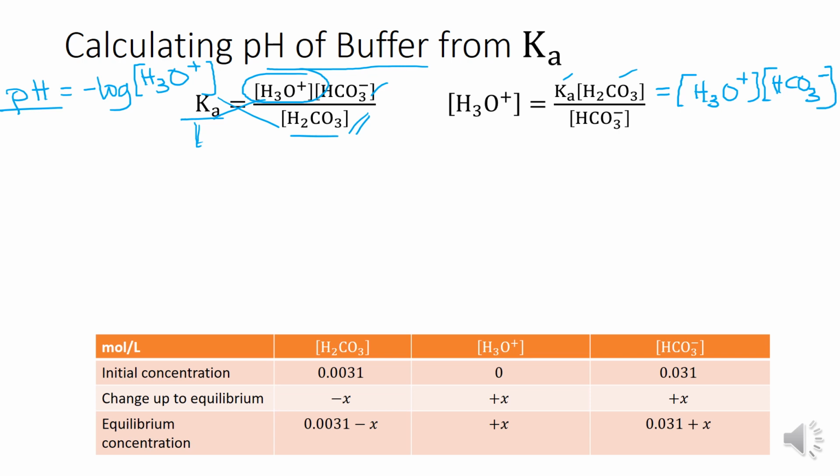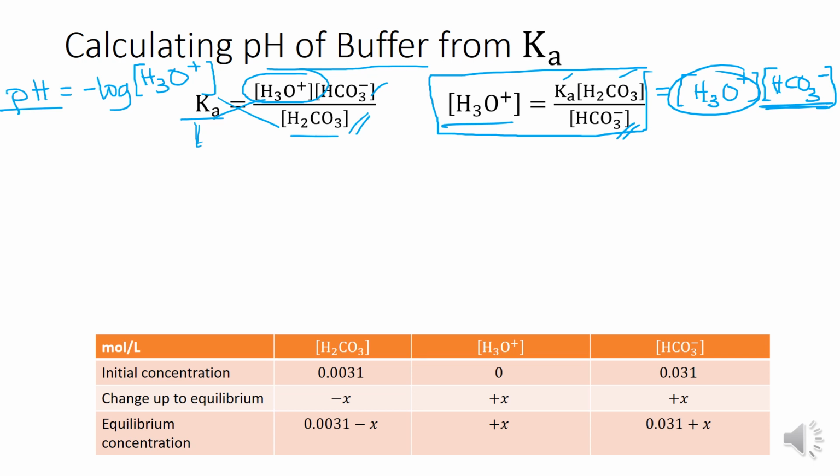If we want to isolate this, we have to divide both sides by this one, so that's why we have that here in the denominator. Therefore the hydronium ion concentration is equal to this.